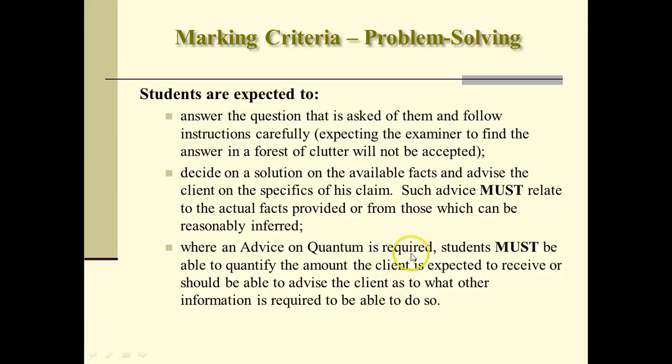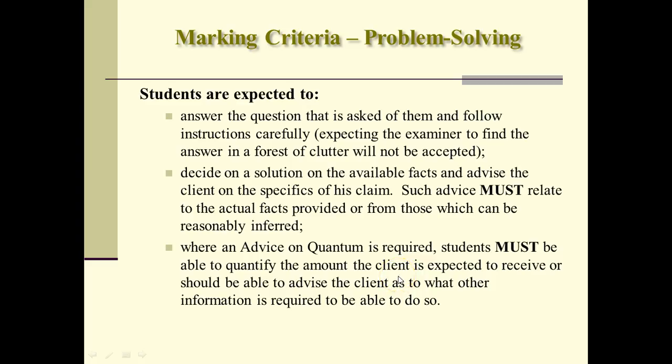Now, when advice of quantum is required, students must be able to quantify the amount the client is expected to receive or should be able to advise the client as to what other information is required so as to be able to do so. This follows on this last part we talked about, information reasonably inferred. First of all, students must be able to quantify the amount.